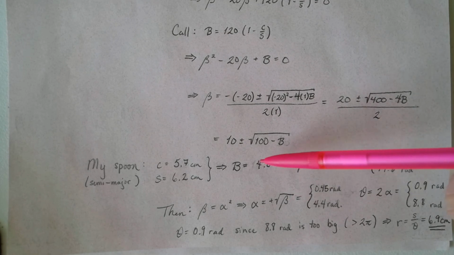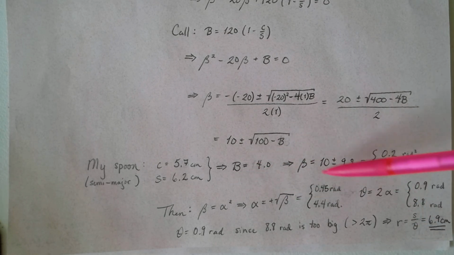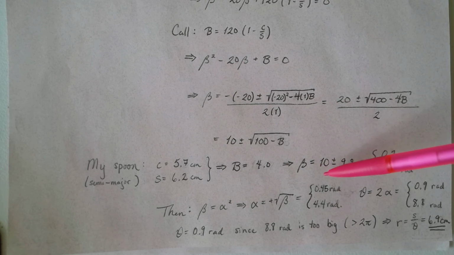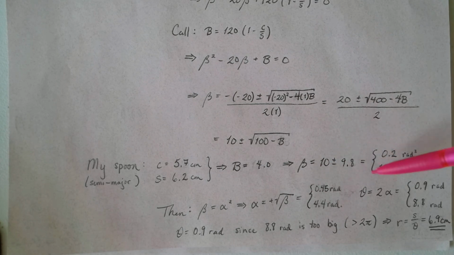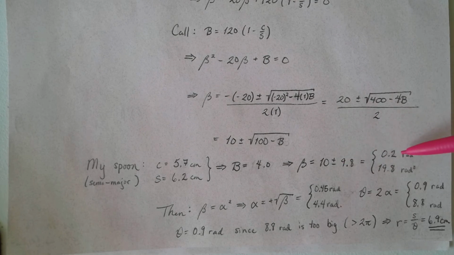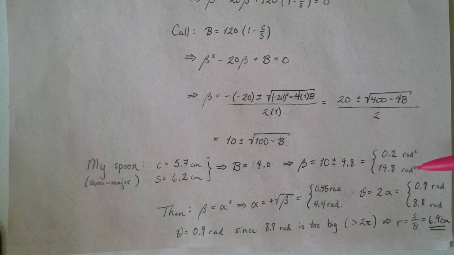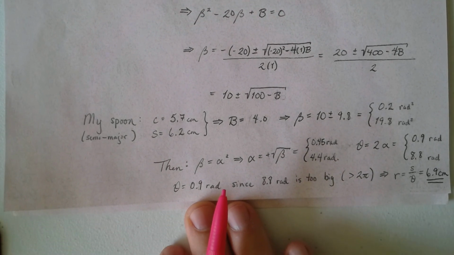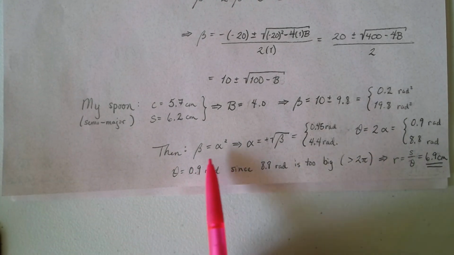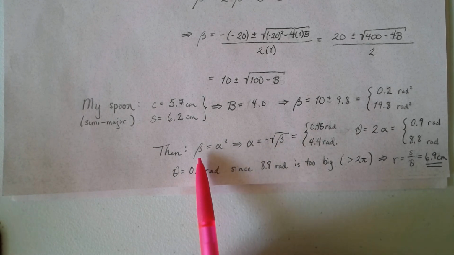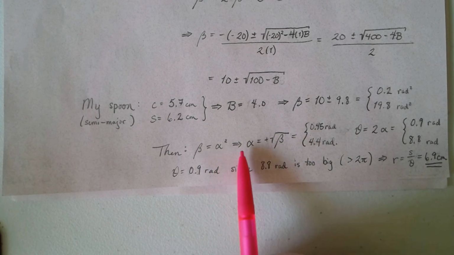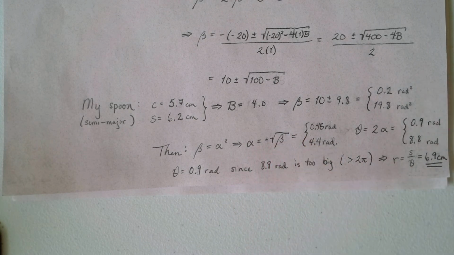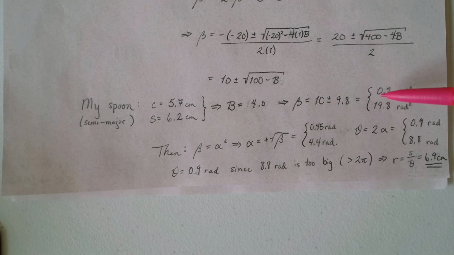All right, I get a B of 4 with these particular values, and this gives me two roots that correspond to these two values here. Looking at those roots and evaluating them, if I look at the fact that beta is equal to alpha squared, that means alpha has, again, two roots, and we'll choose the positive one.